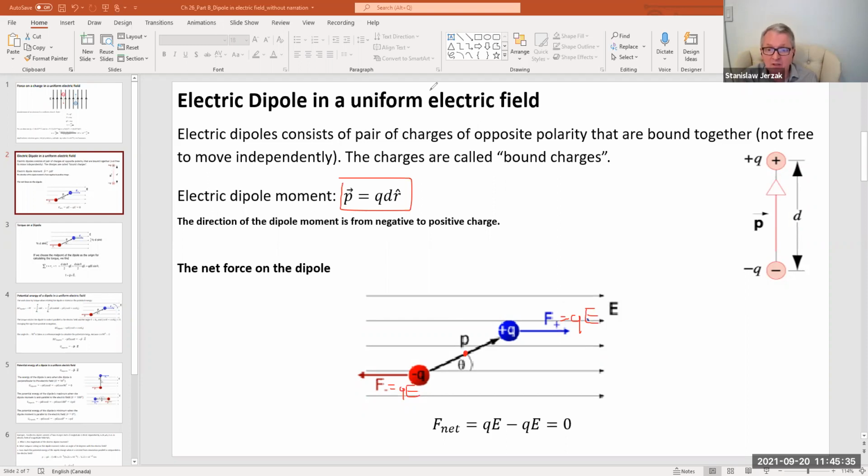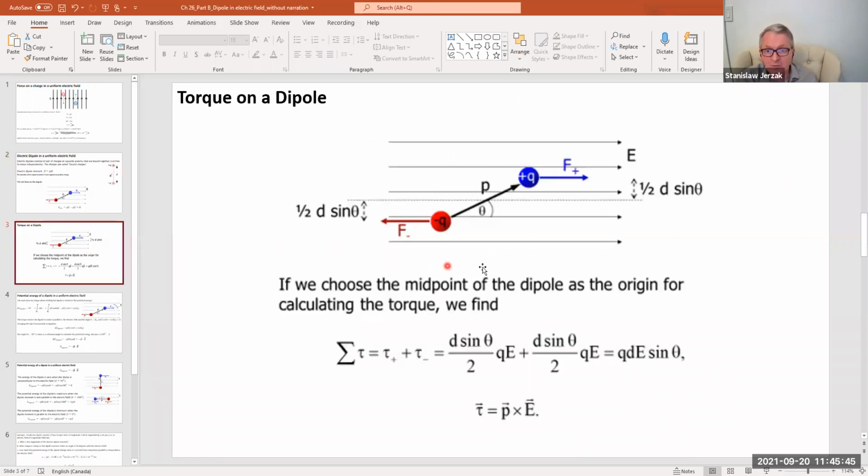I remember that I was explaining to you about the torque acting on the dipole in physics 1801, but here I repeat this argument. Let us calculate the magnitude of that torque acting on the dipole located in a uniform electric field. The dipole will be rotated because the torque is not equal to 0.